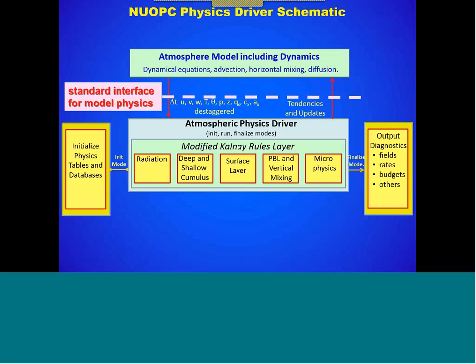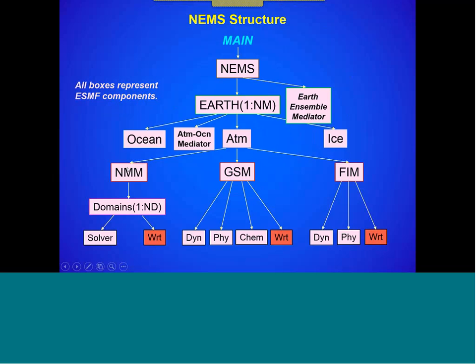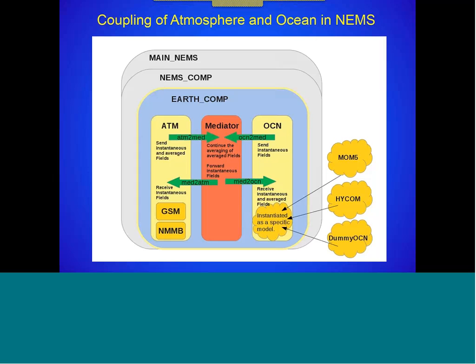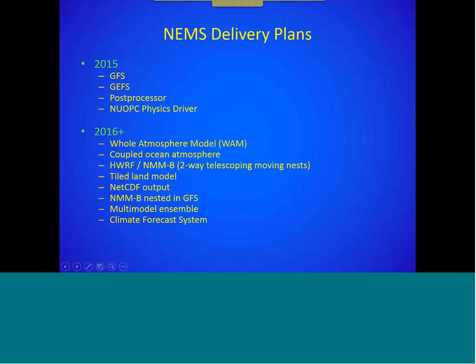Right now we're working on it with the GFS physics, but from any of these models, we want to be able to call the GFS physics with the same interface, so that all the static fields that the physics needs get to the right grid. It's turned out to be rather a challenge. We can write down what we'd like to see it do, take care of its own diagnostics, take care of its own initialization, et cetera, but getting any model to be able to call it this way turns out to be a lot of detailed work.